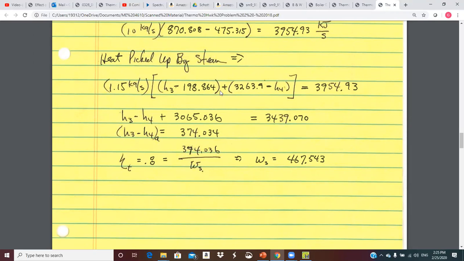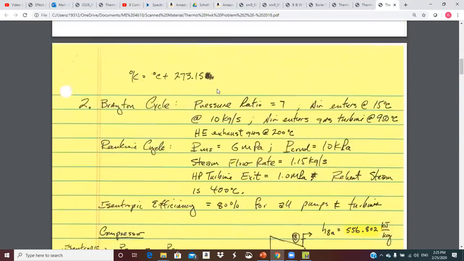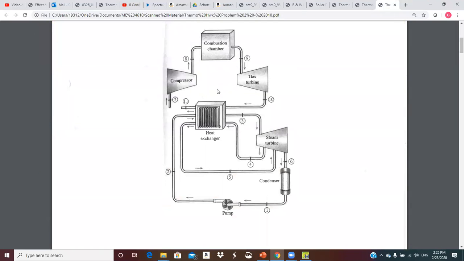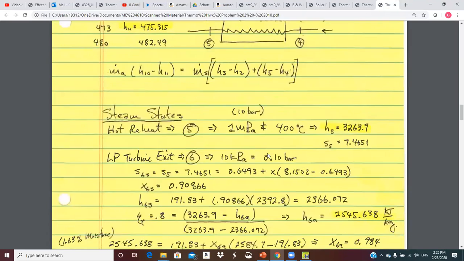Oh, surely that's right. Something doesn't look right there. Let's go back up and look again. Surely, don't let me have a mistake in this thing. Three minus 4 and 5 minus 6.